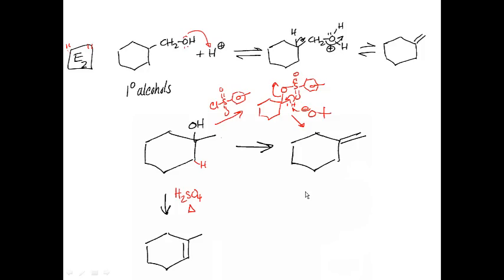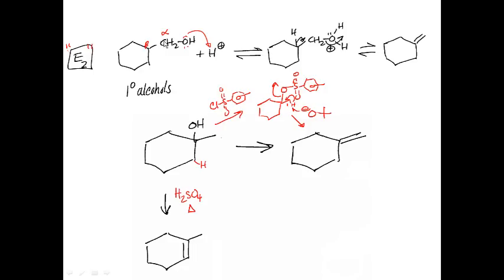If you use a primary alcohol, you will go through a mechanism that does not involve a carbocation, and so you can only form one double bond because there is only one alpha carbon and only one beta carbon in a primary alcohol. So you're pretty limited.